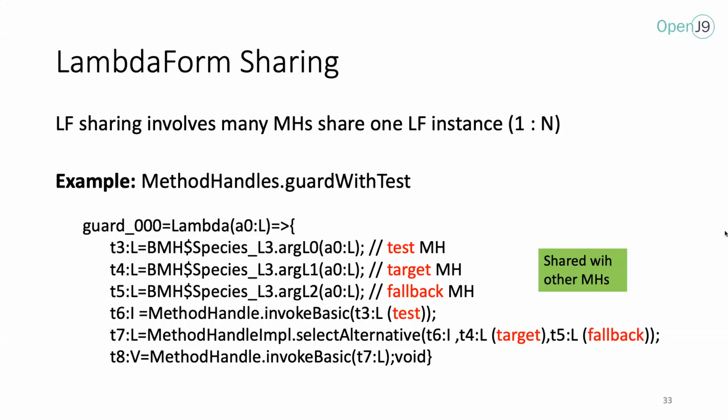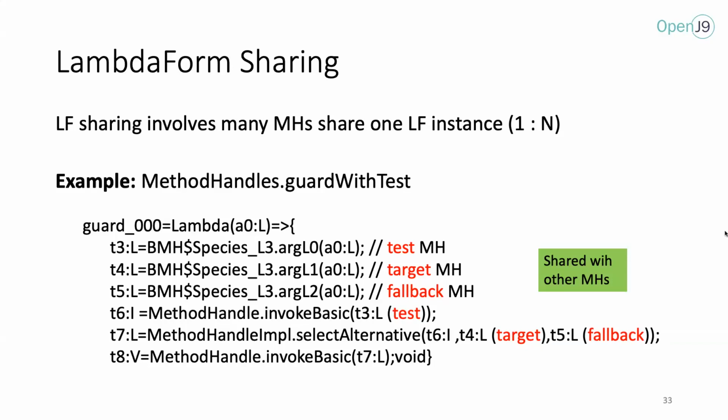So the first 3 expressions, T3, T4, T5, in this shareable LambdaForm retrieve the 3 method handles for the guard method handle. The T6 expression is an invokeBasic for the test method handle, which means that we want to invoke the test method handle. In the T7 expression, we are making a decision using the output of the test method handle whether to select the target for invocation or whether to select the fallback method handle.